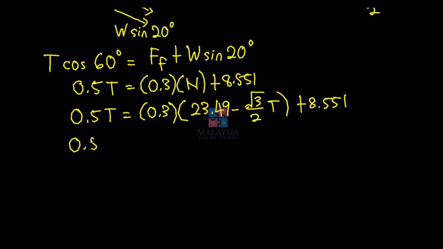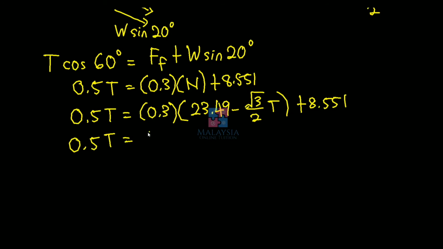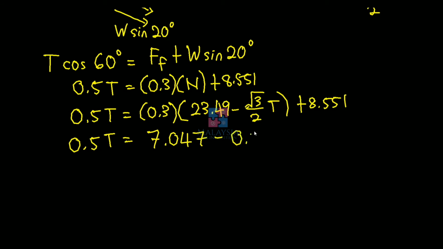So 0.5T equals 0.3 times 23.49, that will be 7.047, and then minus root 3 over 2 times 0.3, you will get 0.2598T, don't forget the T, and then plus 8.551.